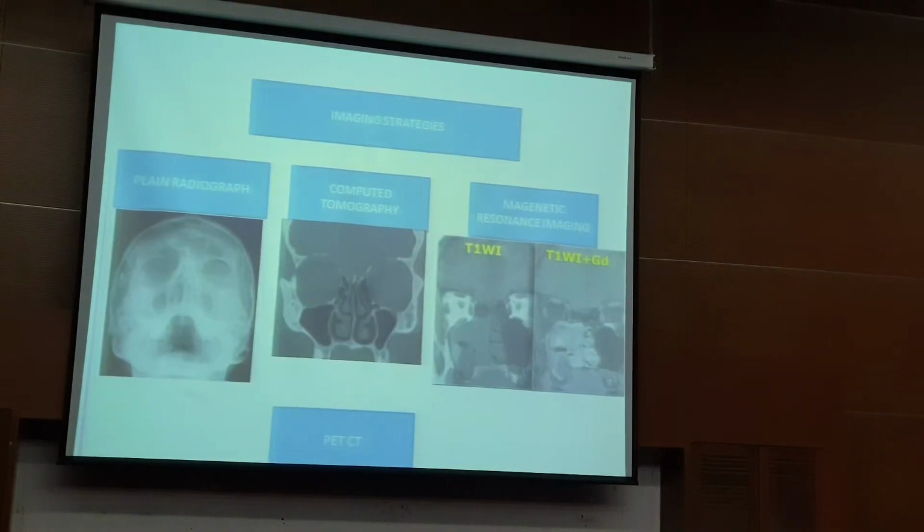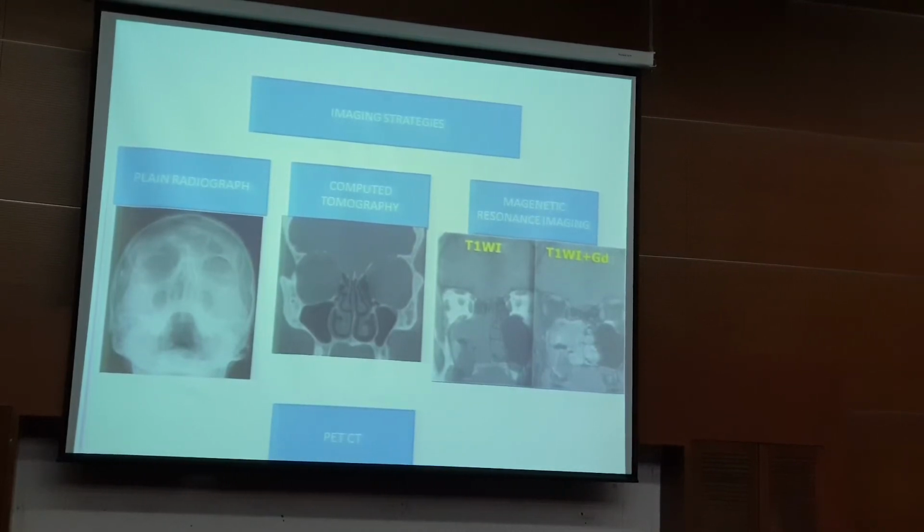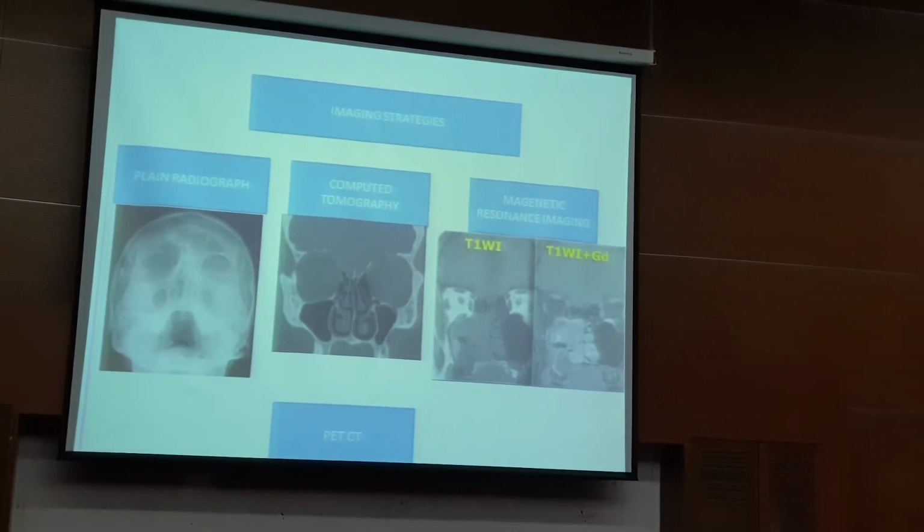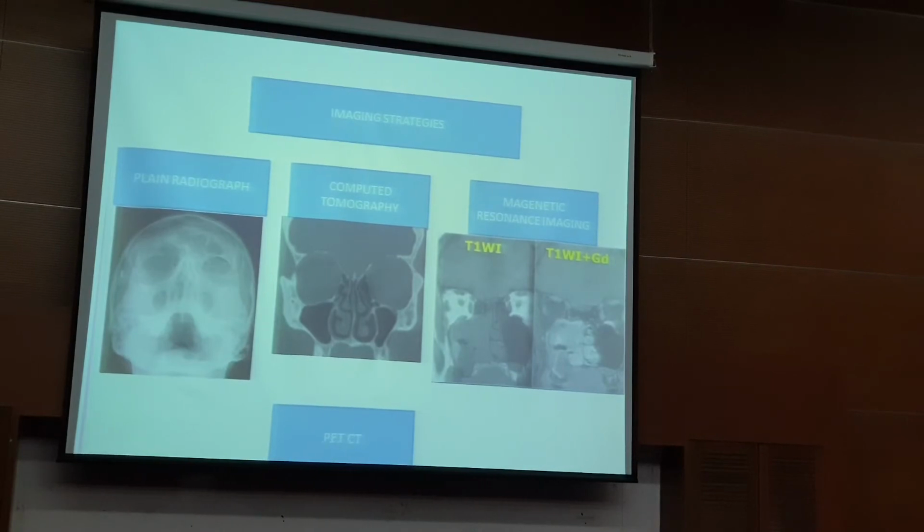Now, imaging strategies. What do we do? Most commonly used would be plain radiograph, CT, and MRI. Plain radiograph has very limited use. For looking for paranasal sinusitis, sometimes we do them, but mostly it's done for fracture purposes. Computed tomography, on the other hand, is used mainly for looking for inflammatory disease. It is very good to exquisitely delineate bone or septation, which we can't see on MRI.